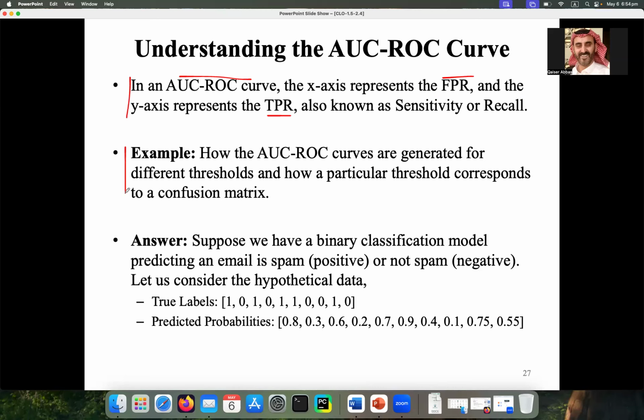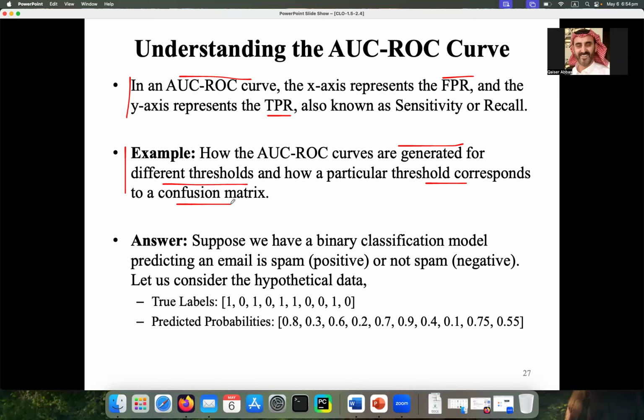Now we have an example of how the AUC-ROC curves can be generated for different thresholds, and how a particular threshold corresponds to the confusion matrix.